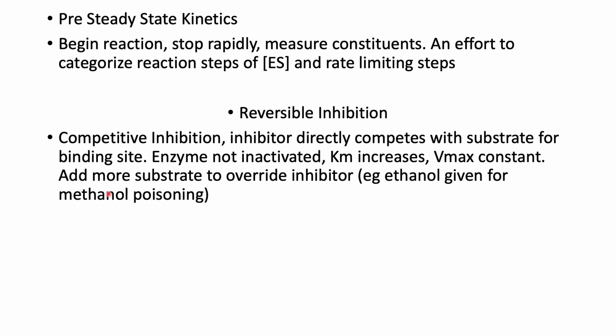For example, if you have methanol poisoning, which is very serious, you can give a competing substrate, which is ethanol, and that would be a treatment modality you could use. In these cases, the competing substrate is a structural homologue of the inhibiting compound.